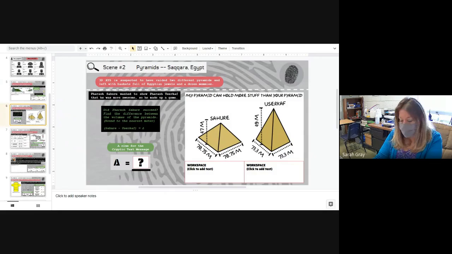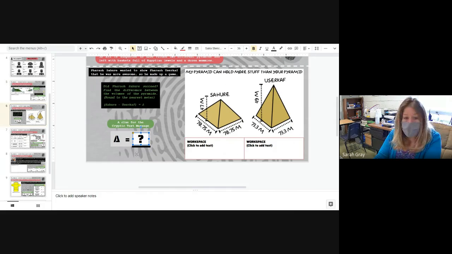The 2 pyramids, you were supposed to subtract their volumes. The answer was 9,401. Right here in this box. But then you don't deal with it till the end.